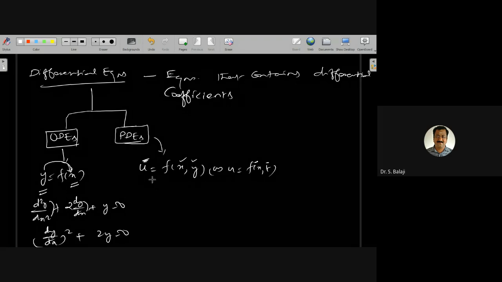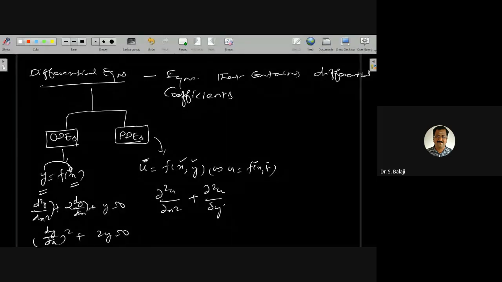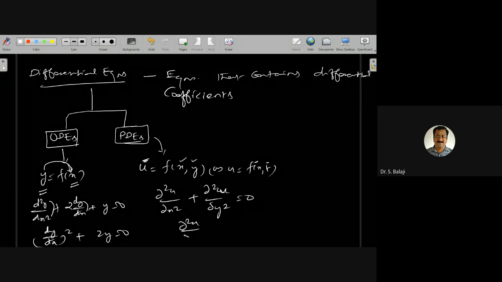As you have already seen in the third semester, Laplace's equation: dou square u by dou x square plus dou square u by dou y square equal to 0. Similarly, the heat equation: dou square u by dou x square equal to a into dou u by dou t, the one-dimensional heat equation. These are called partial differential equations.